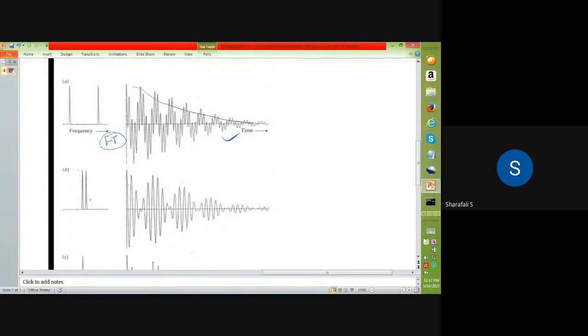And say this is at mu1 and this is at mu2, these are frequencies, with the center frequency at this point.